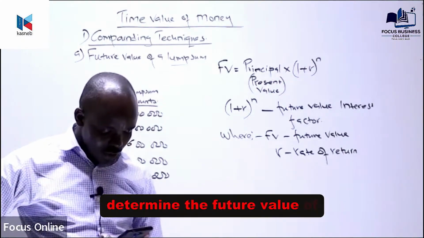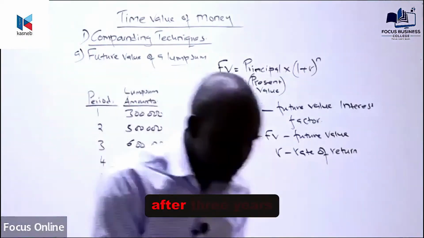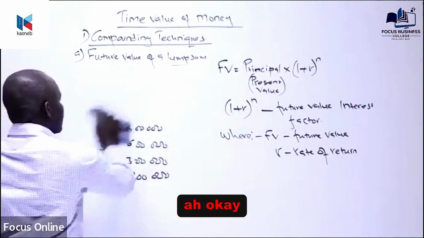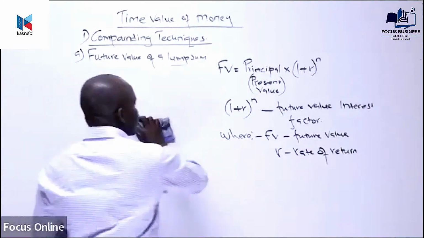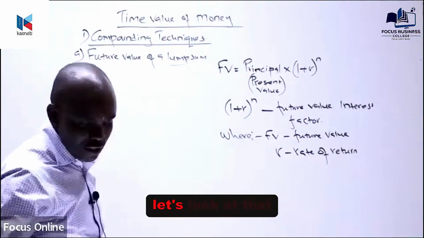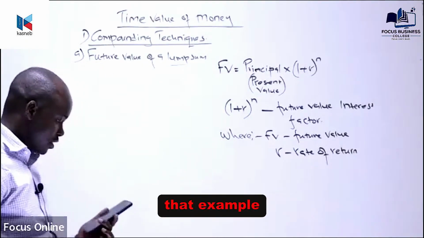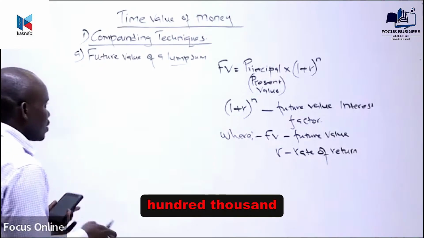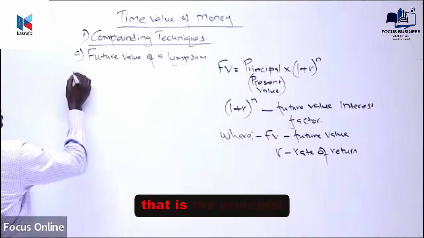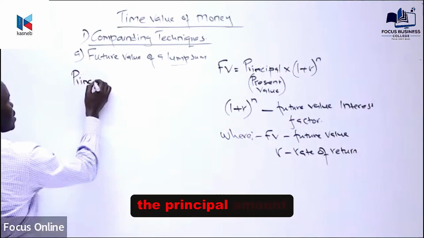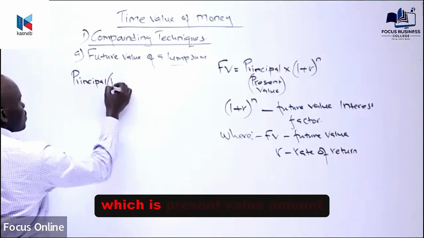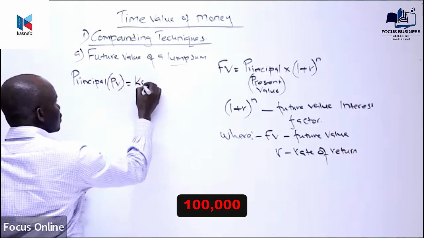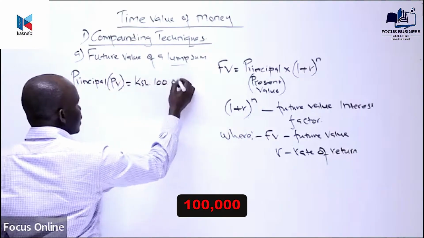Determine the future value of the investment after 3 years. We are doing that illustration. Assume that you have invested shillings 100,000. That is the present value, that is the principal: Kenya shillings 100,000.